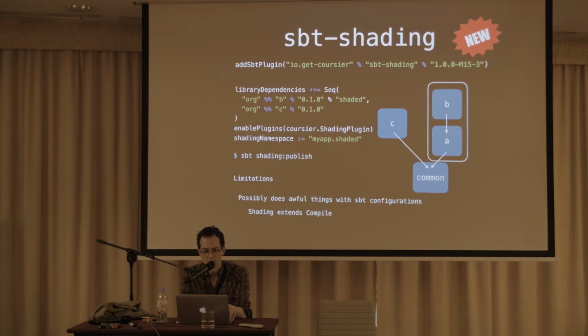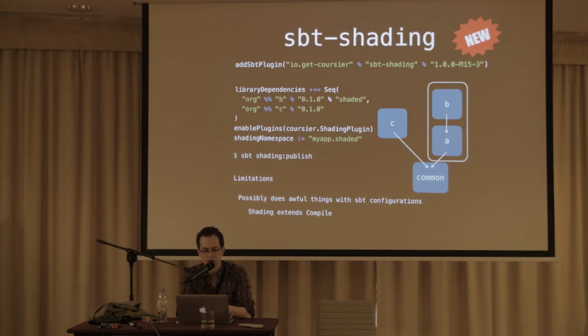So it's quite new. The goal is to use it in Coursier, which just started to use it to shade unstable dependencies, and yet this plugin has a few limitations. In particular, it does quite awful things, I think, with SBT configurations.